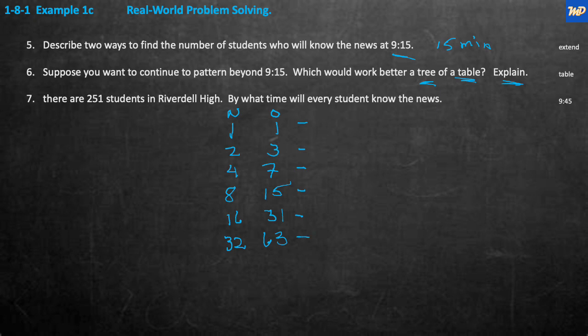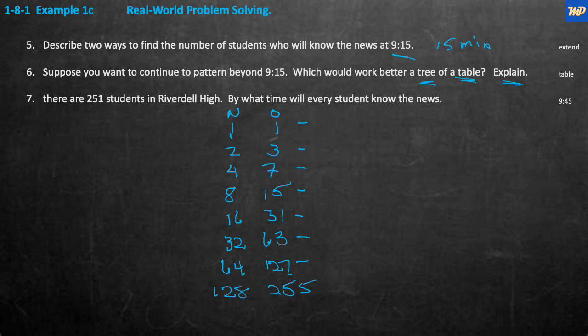Okay. Then this goes to 64, and then the number goes to 127. That's by 9:30. And 127, the 64 goes to 128. And 127 and 128 is 255.